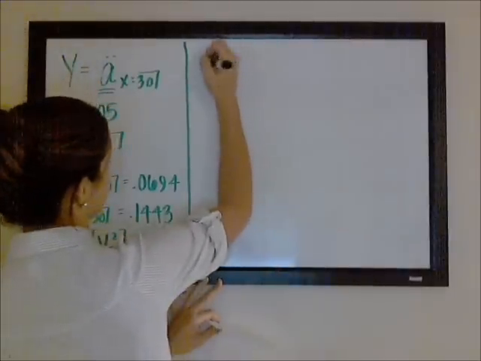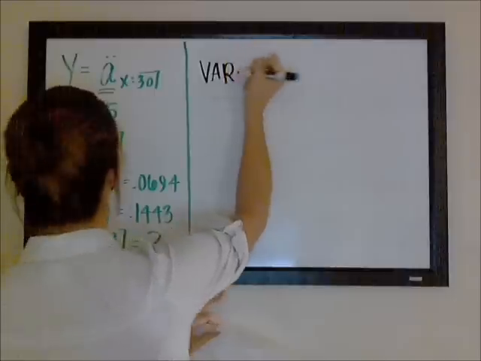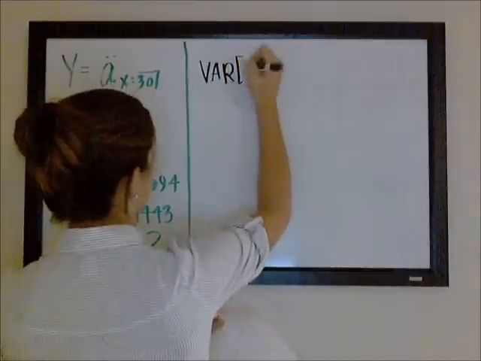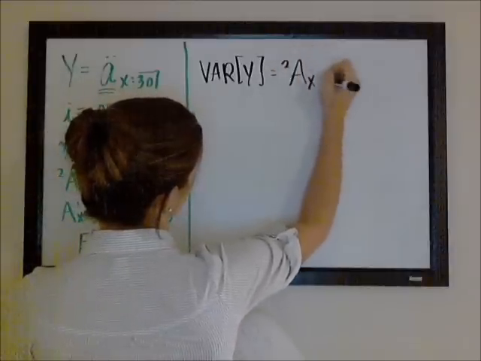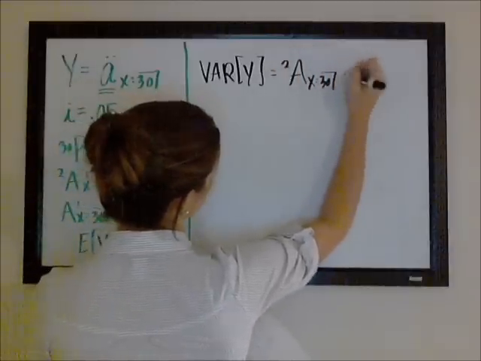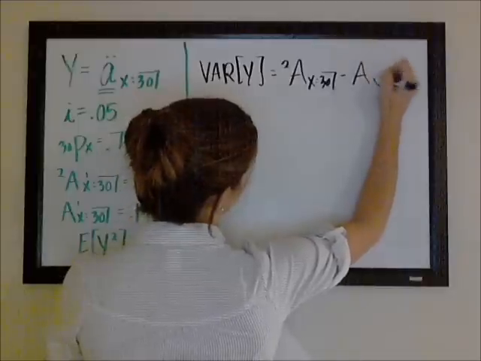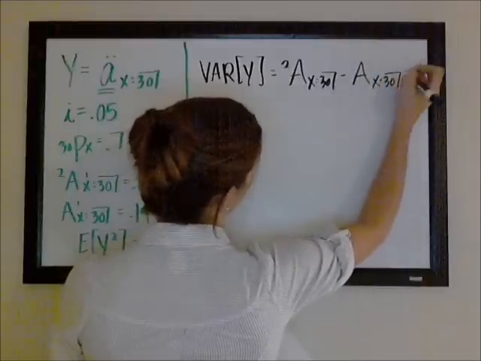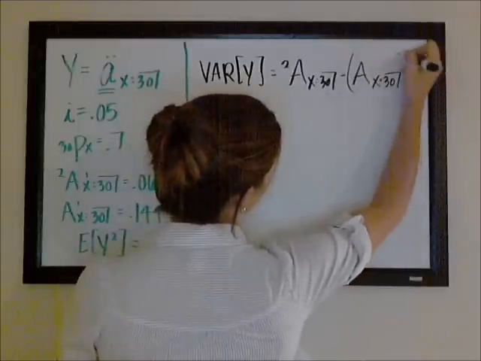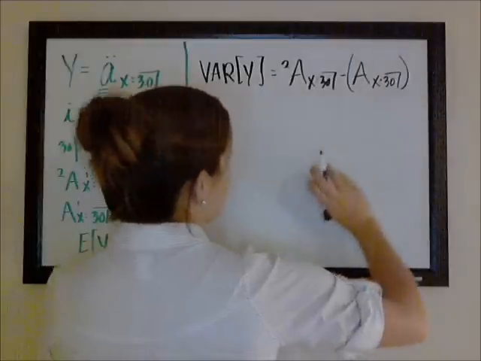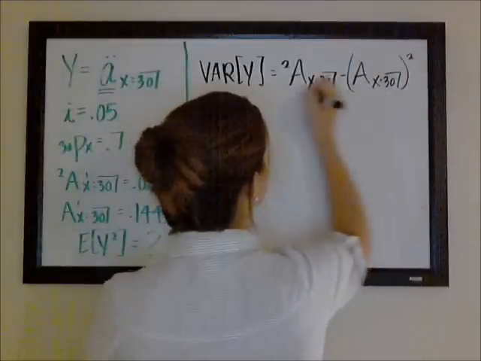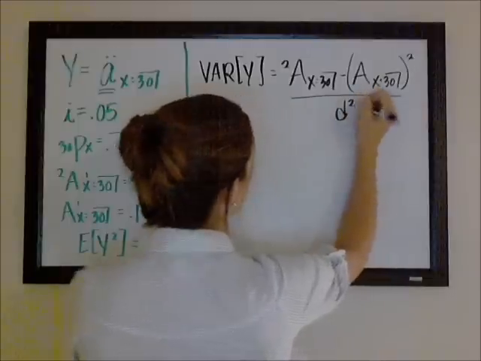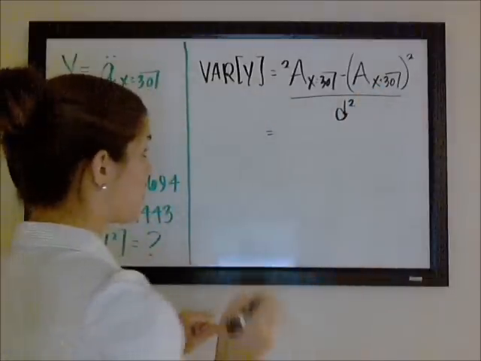So the only thing left, we were trying to find the variance of Y. We said it was the second moment of the endowment insurance minus the actuarial present value of the endowment insurance squared, over d squared.